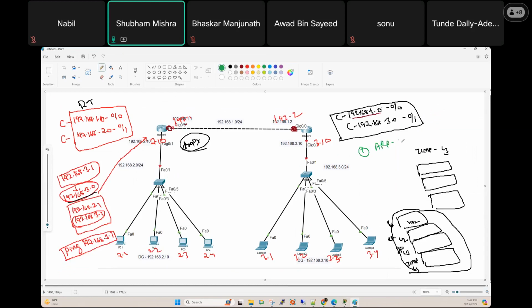To find out the MAC address, right? Yes. Second question: does ARP go in a different network? No. So if ARP does not go in a different network, then why would the router pick the destination MAC address? This is not possible. Getting my point? Understand?